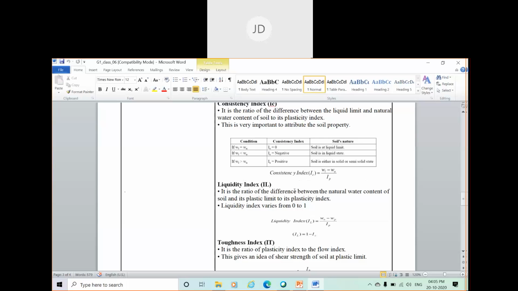And there is a relation between consistency index and liquidity index: liquidity index is equal to 1 minus IC. That means whatever value we have got in consistency index, just subtract from 1, you will get liquidity index. It's very easy to understand.